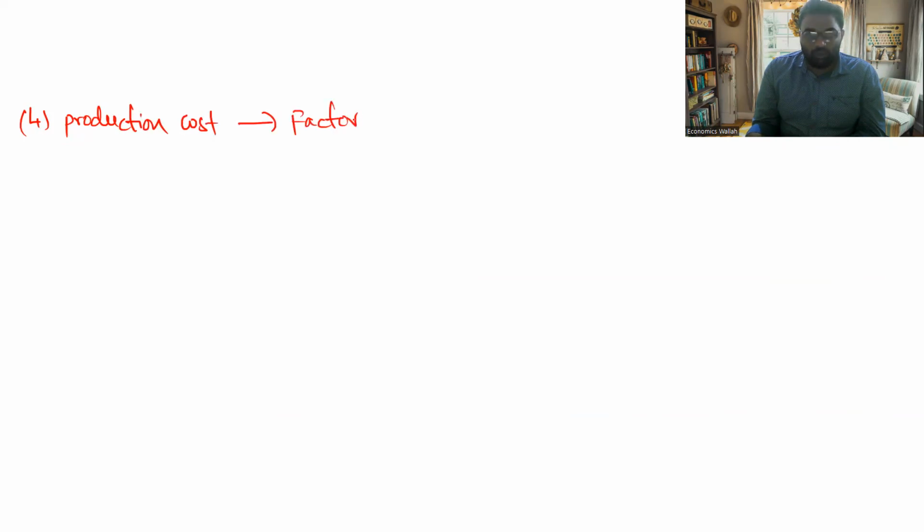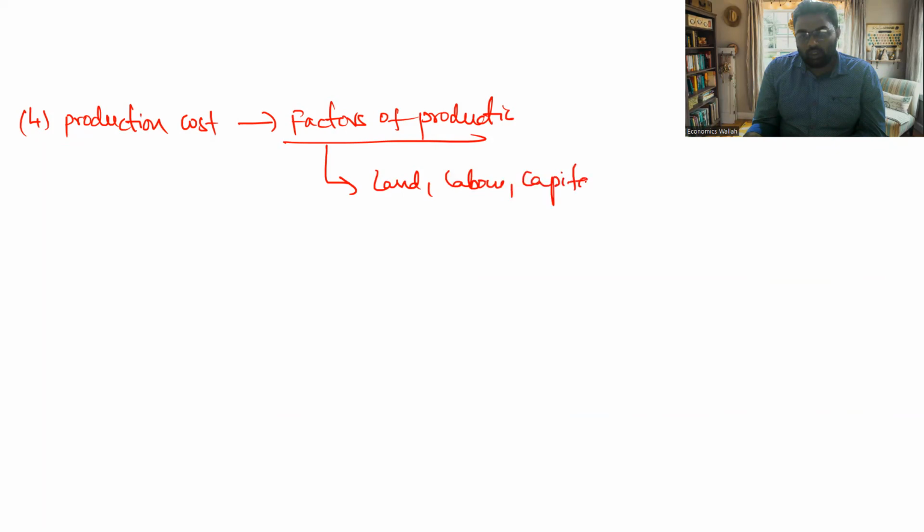And most importantly, rising production costs. Rising production cost means factors of production. In economics, we have four types of factors of production: land, labor, capital, and entrepreneurship.